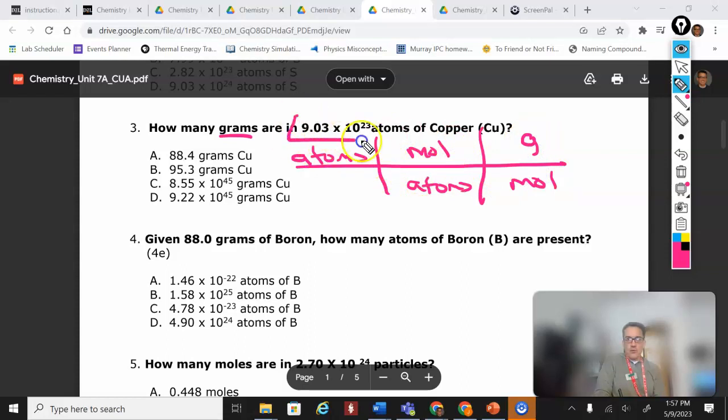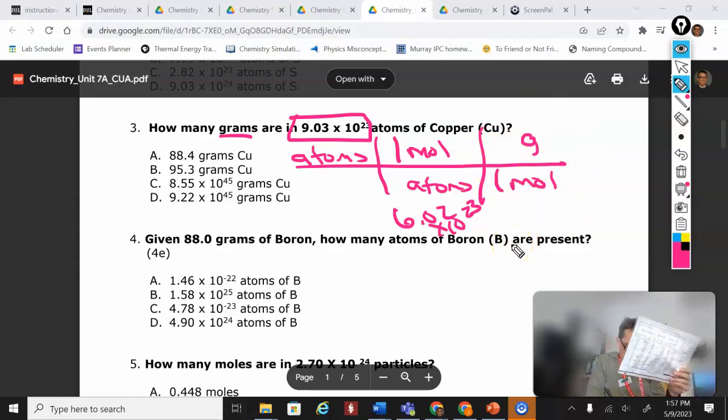So my number that I would start with, instead of me rewriting it, I'll just highlight it there: 9.03 times 10 to the 23rd. My relationship again here is the Avogadro's number relationship. So 1 mole is 6.02 times 10 to the 23rd atoms. And then my relationship here is the molar mass, so I need to get that off the periodic table. 1 mole of copper, let me find copper, 63.55.